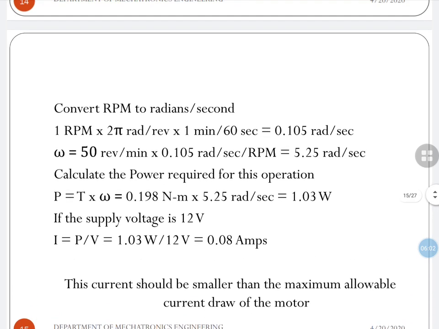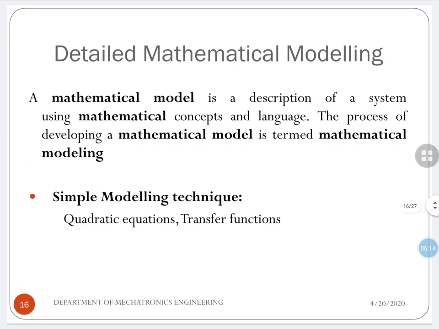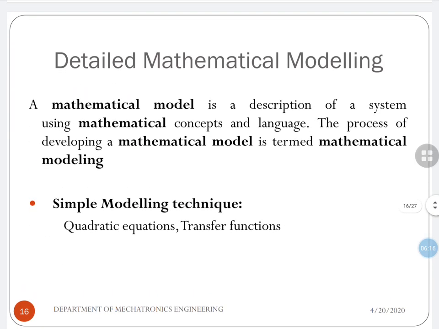This is how we calculate the current drawn by the motor. As the payload of the robot increases, these calculations will vary. So this is detailed mathematical modeling.